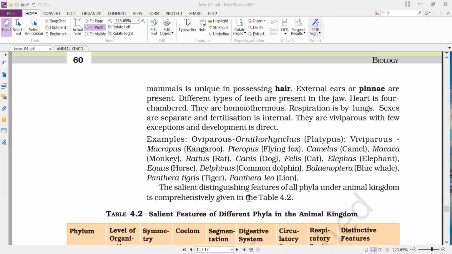Macaca, that is a monkey. Rattus, that is a rat. Canis domesticus, that is a dog. Felis, that is cat. Elephas, elephant. Equus, horse.